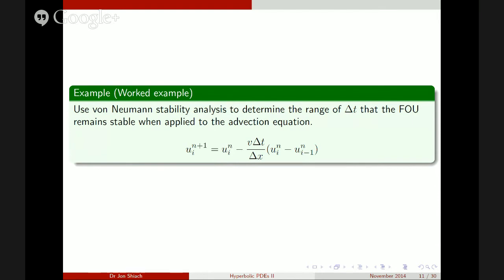Okay, so we've now got a lot of algebra ahead of us. Okay, so this has got one bracket in it. Okay, this is in the form a plus b all squared. Okay, so if we expand out this bracket, we'll have a squared plus 2ab plus b squared. Okay, so 1 squared is 1 plus 2ab, so plus 2 lots of minus c, 1 minus cos kj delta x.